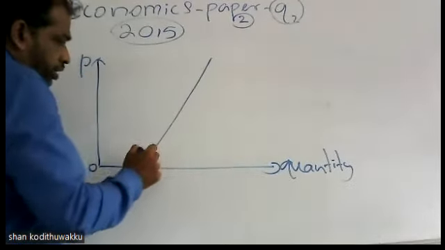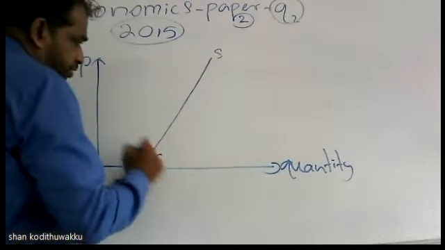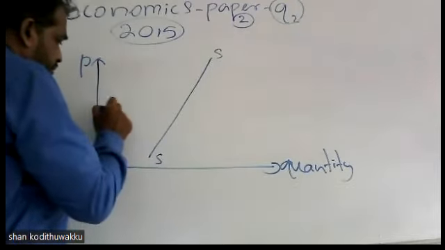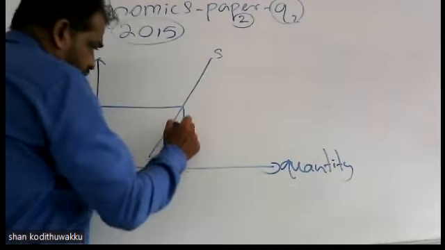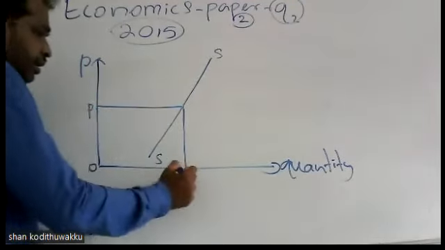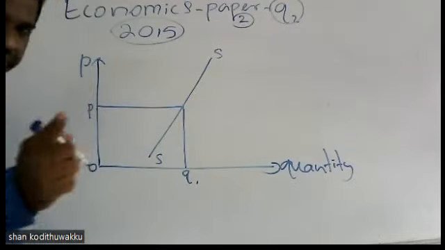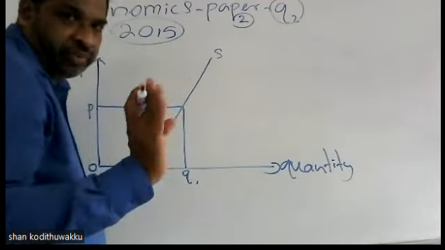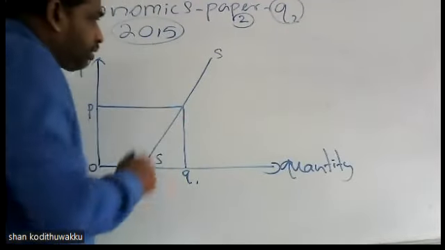This is your original supply curve, SS. This is your P and Q. Because of the unit tax imposed by the government, suppliers or producers will reduce their supply.